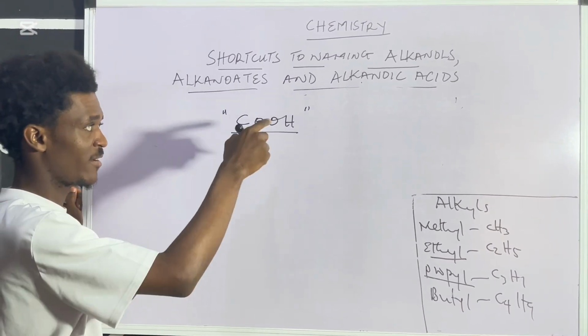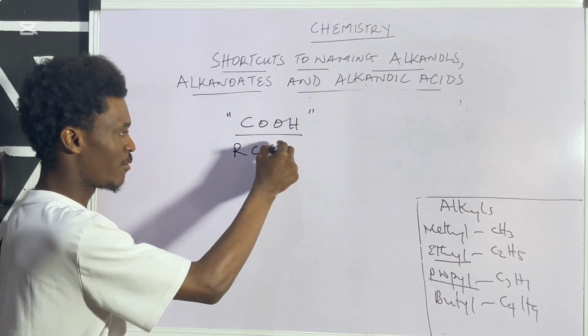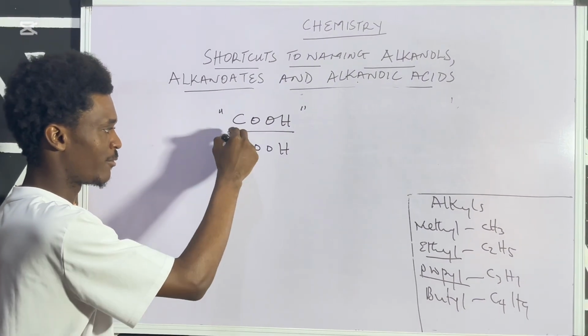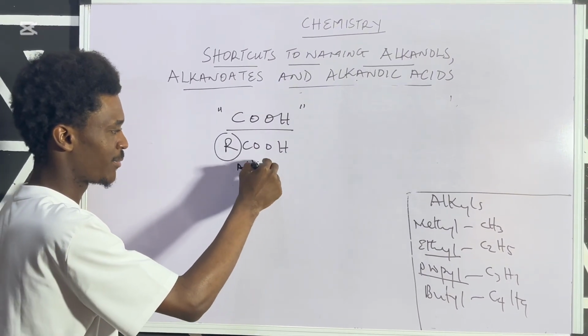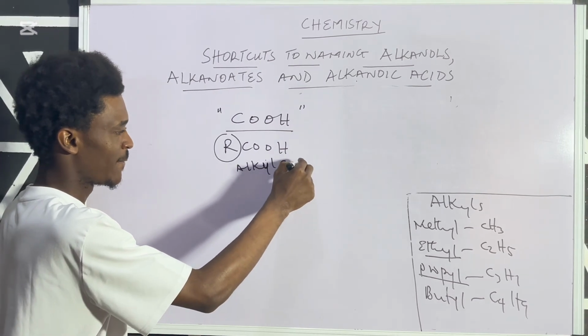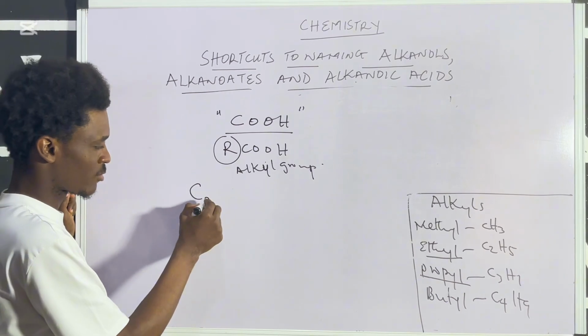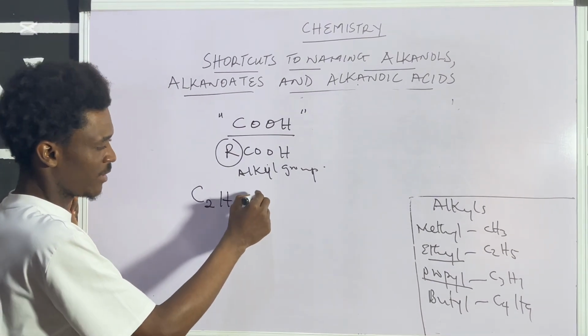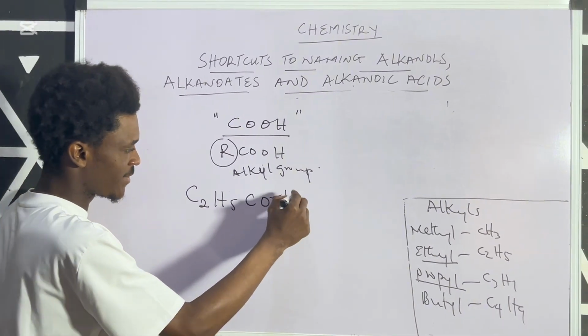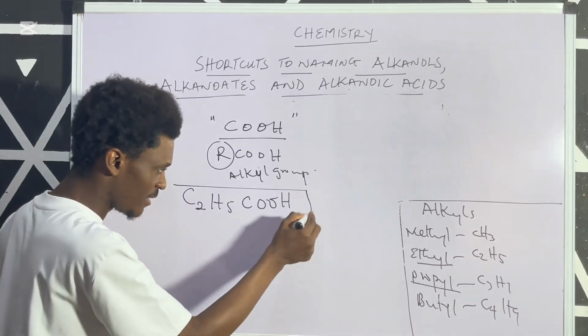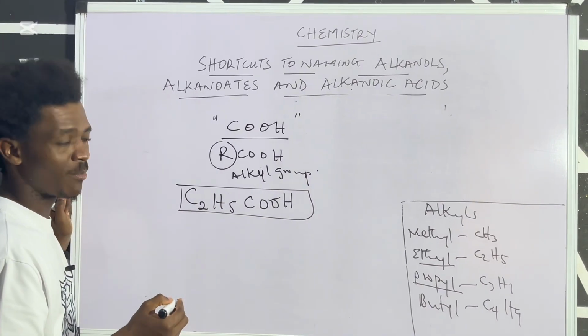Normally their general formula is R-COOH. Remember, R represents what? Alkyl group. So hence, if I have C2H5COOH and I am told to name this compound, how would I go about naming it?